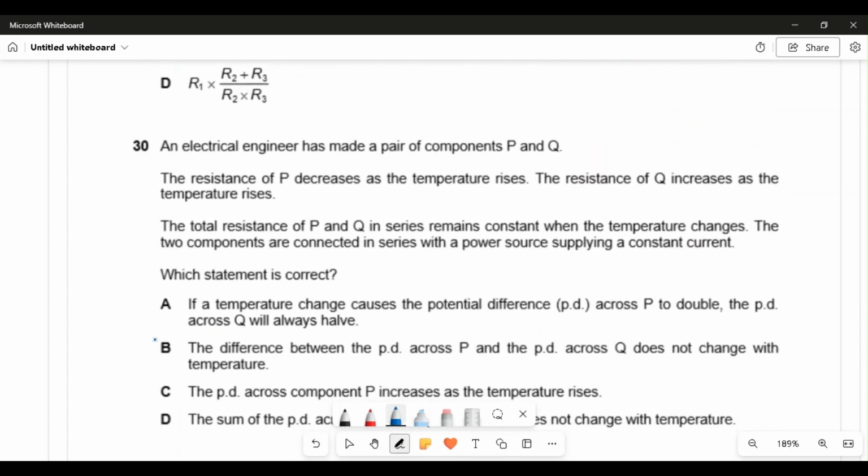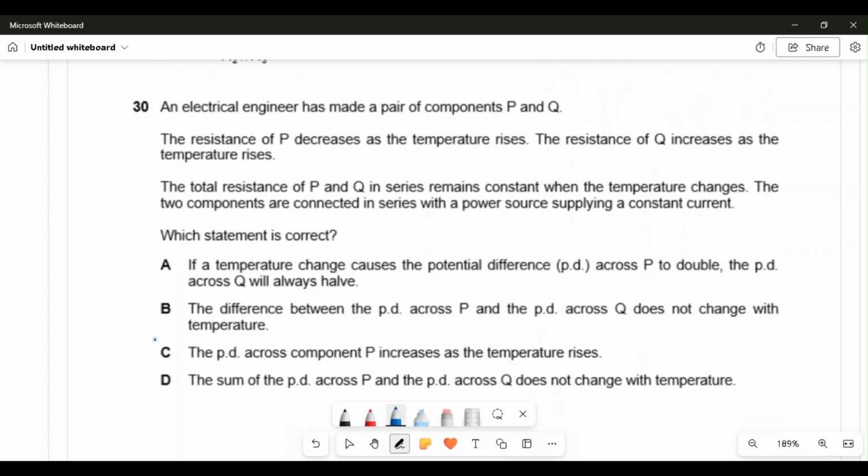An electrical engineer has made a pair of components P and Q. The resistance of P decreases as the temperature rises, whereas the resistance of Q increases as the temperature rises.